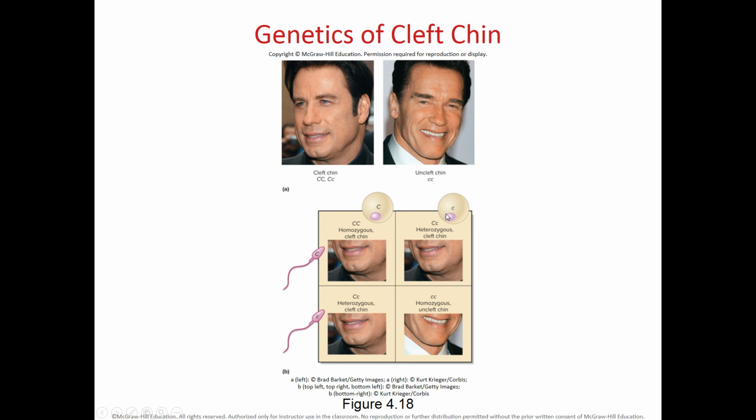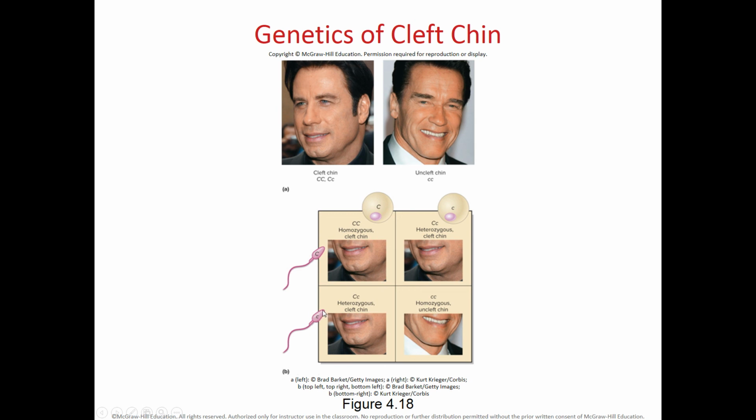So for cleft chin, we have dominant C from the mother's side with this egg, and lowercase c for this one. And then in here for the sperm, we have this sperm cell with capital C for cleft chin, which is the dominant allele, and then this lowercase c for the recessive allele.